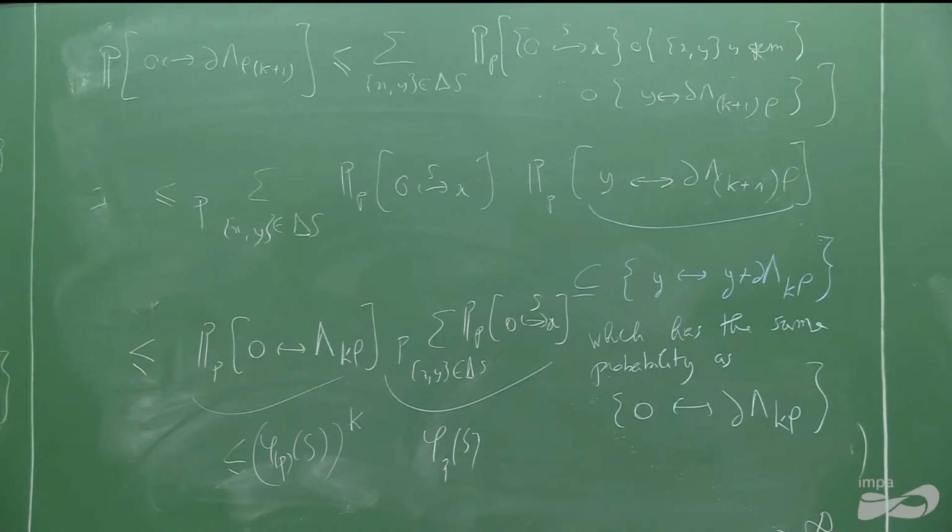And this allows you to get a bound for the derivative in p of the probability of being connected. Then you integrate this bound, and this gives you a bound on theta p. Okay, so let's see how this works in practice. Any questions about the proof of 1 or of 1 prime?